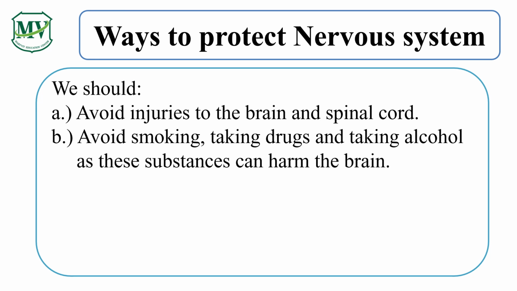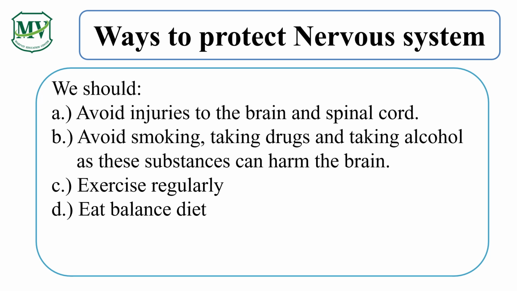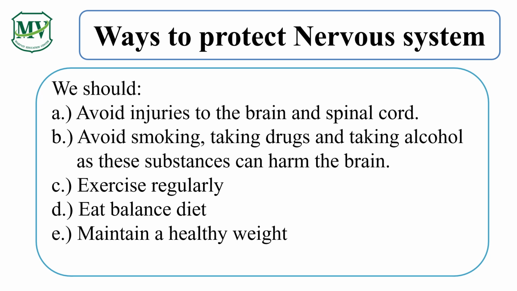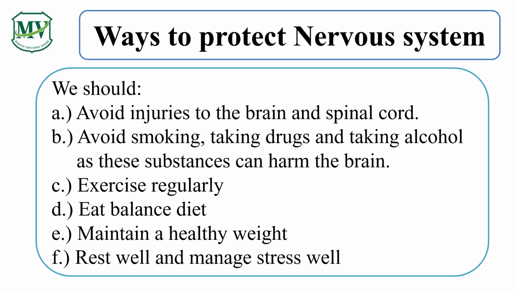Second, avoid smoking, taking drugs, and taking alcohol, as these substances can harm the brain. Third, exercise regularly. Fourth, eat a balanced diet. Fifth, maintain a healthy weight. And sixth, lastly, rest well and manage stress well.